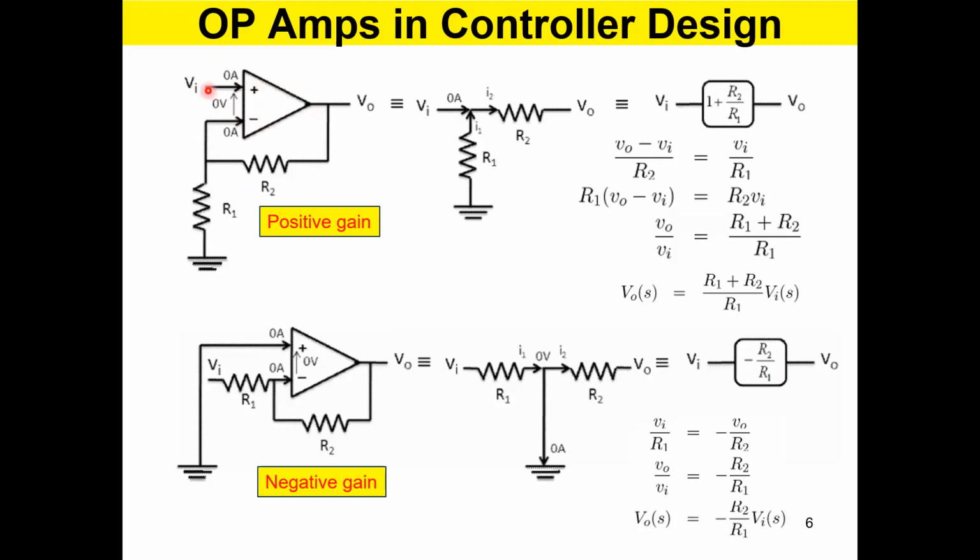So the current that goes into the op-amp is 0. We assume it to be 0. Actually, it's not 0, but very small because of the very high input impedance. Okay, the two assumptions. With these two assumptions, you can actually draw the equivalent circuit.